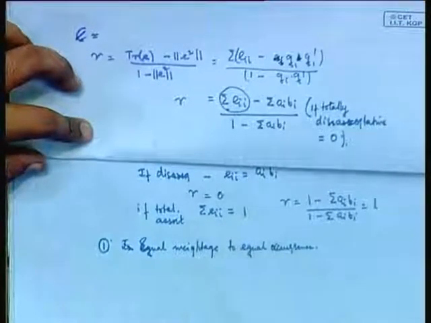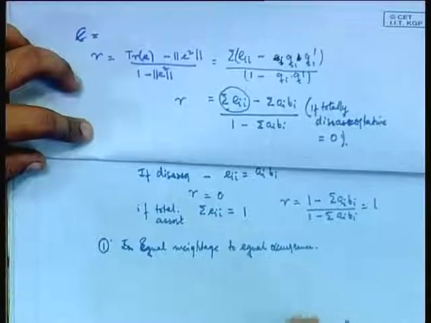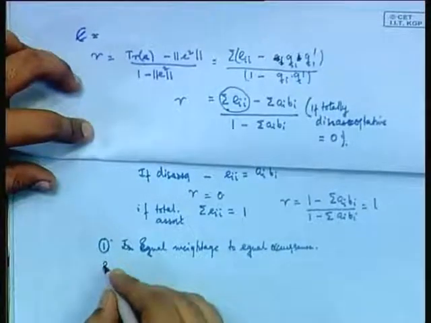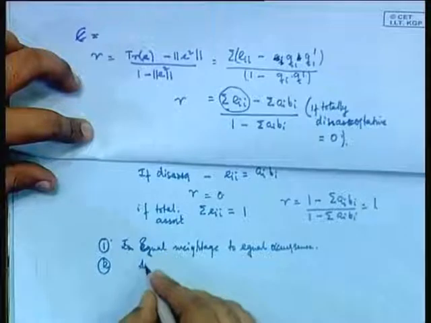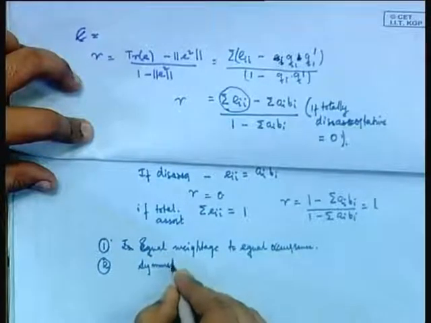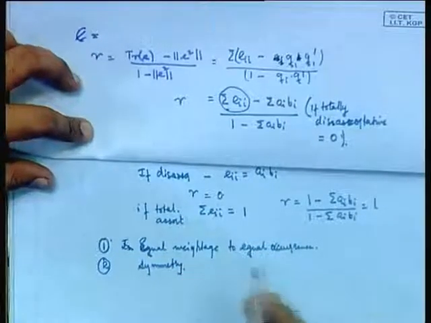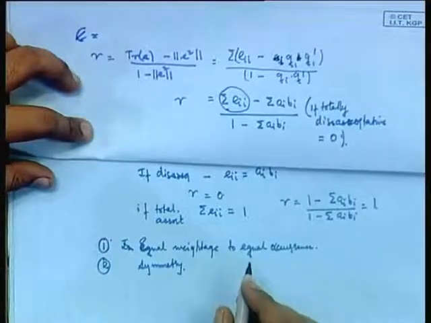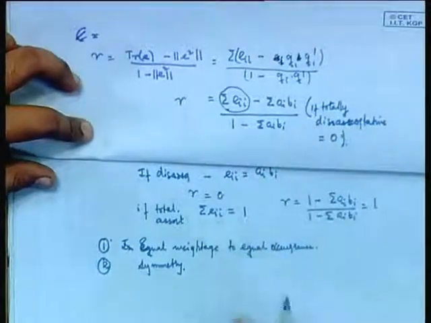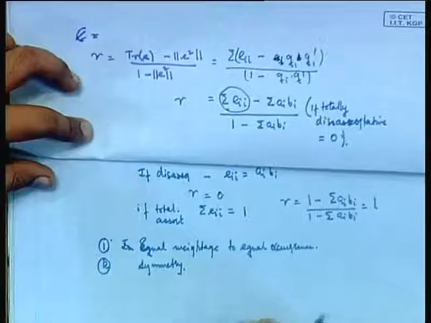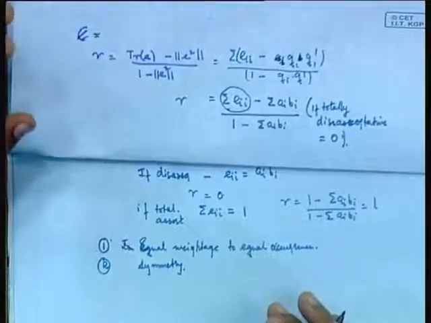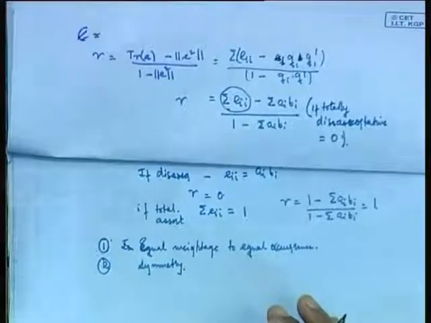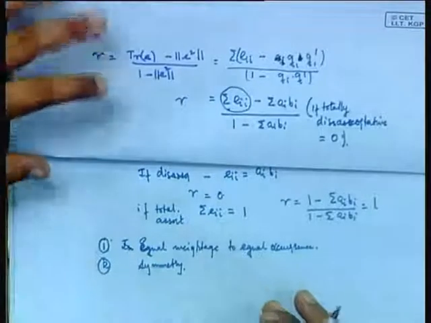So that problem is solved. The second problem was symmetry. Since we have taken a_i b_j, we have considered both columns and rows, so symmetry is also maintained.